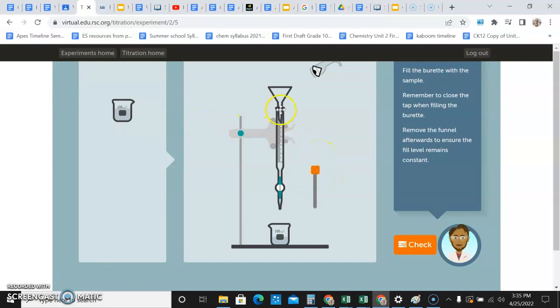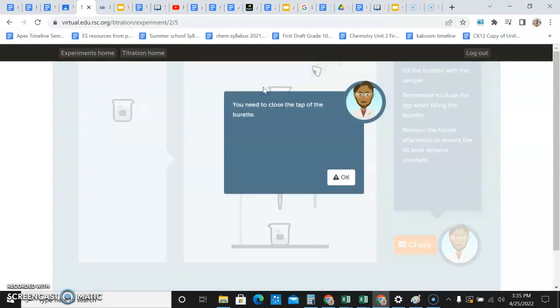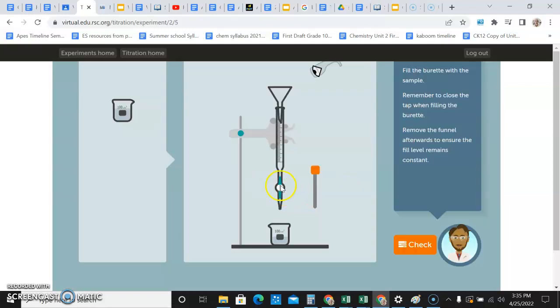Now we want to fill it with our sample. And oh yeah, this is a good one. You got to close the tap at the bottom of the burette, otherwise it's just going to all flow out. This has happened before, that students, they're pouring the solutions in and they're just pouring it all over the table. You got to close the tap and then you can start pouring.